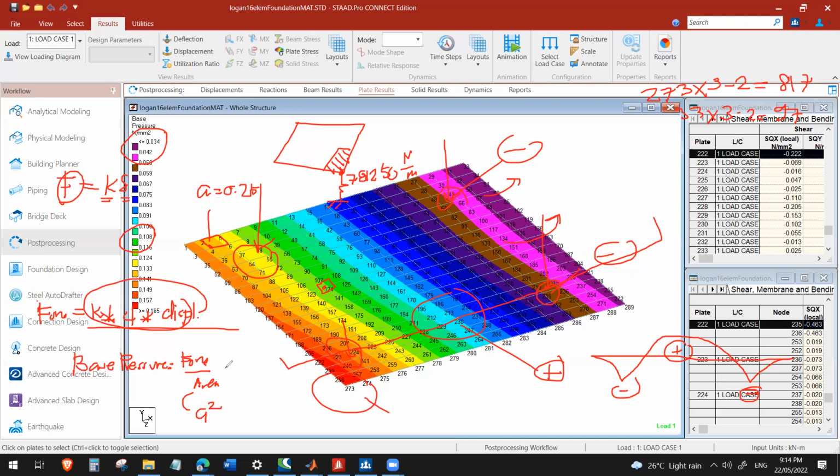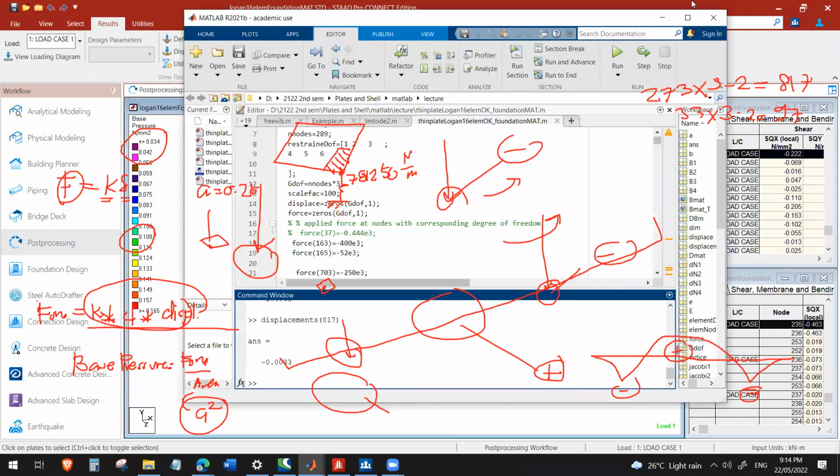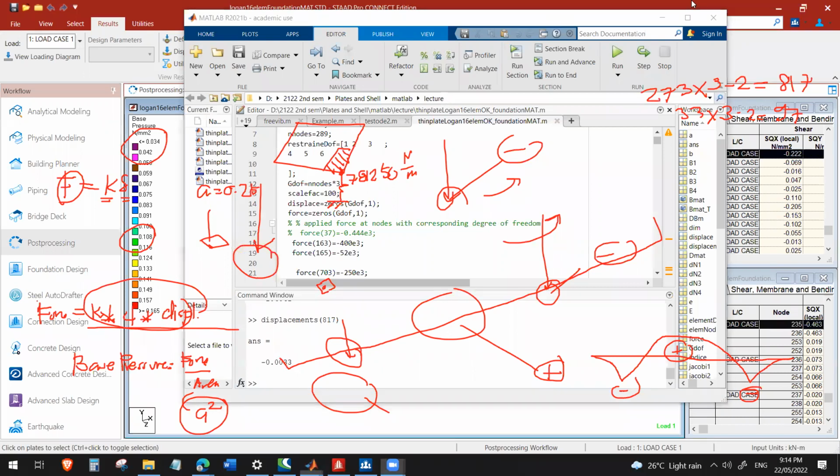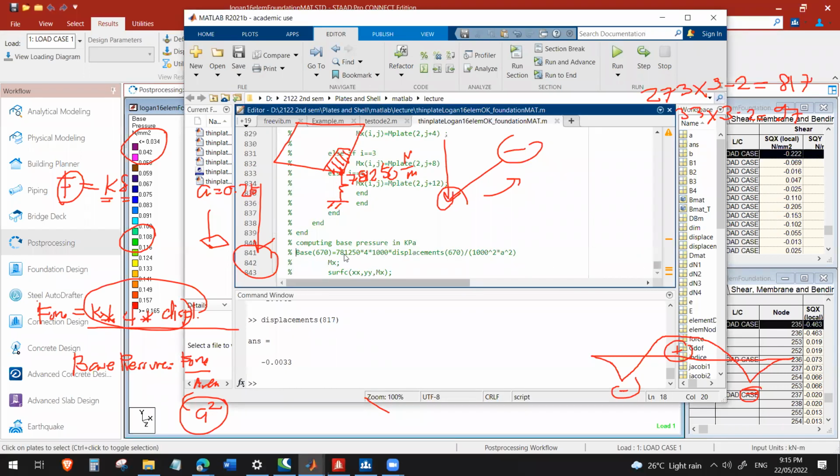Or basically, that's the formula. So what I did in Matlab is this one. So this is the formula now to compute the base pressure.